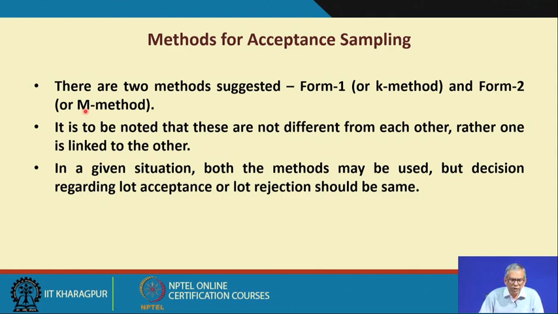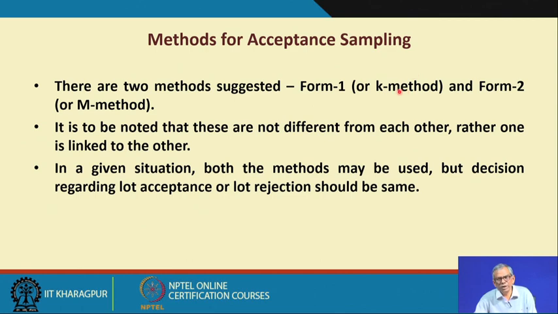Now it is to be noted that these are not different from each other. It's not that with form 1 you get one sort of result and with form 2 you get another sort of result, and then you have to make a choice. What you try to do is first apply the form 1 method and take a decision.